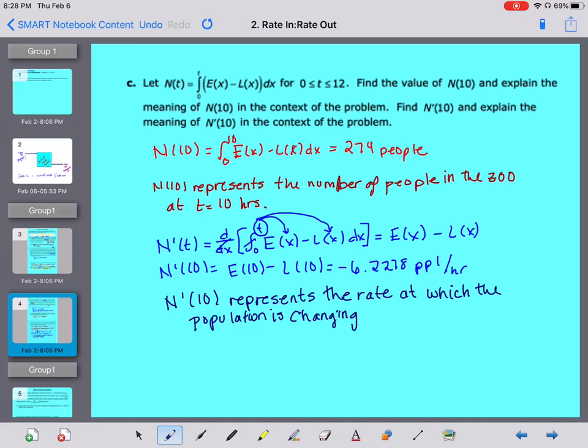And because that rate is negative, we can say that the population is decreasing. Okay. So if we get a question that asks, is something increasing or decreasing, and we're dealing with this idea of rate in, rate out, this is kind of the process for figuring it out. Look at the derivative, see the sign, and tell us whether it's increasing or decreasing.